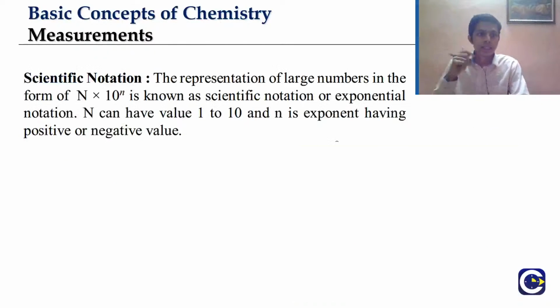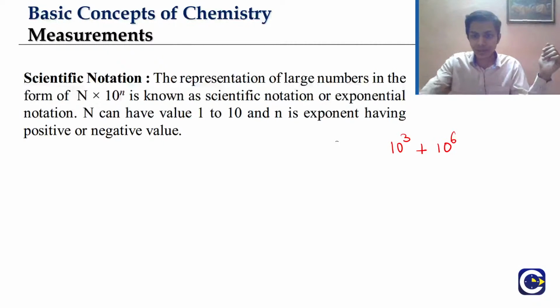Going ahead. Scientific notation. This is something very important in chemistry. You should be knowing how to perform calculation with scientific notation. Till now, I think whenever questions used to come, 10 power 3 plus 10 power 6. Can you tell me the answer?